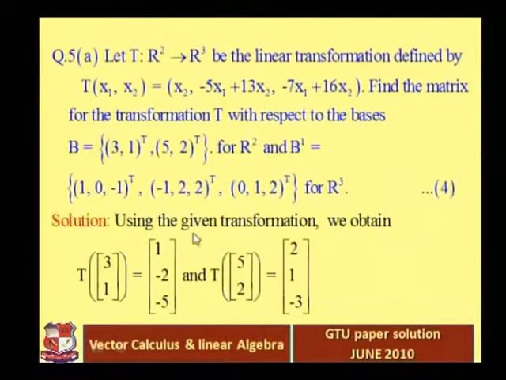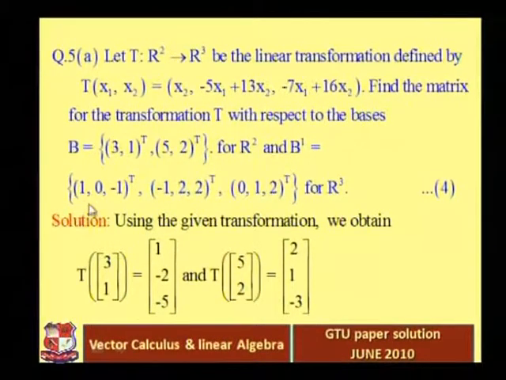Using the given transformation, first of all we want to find the image vectors corresponding to the basis vectors of R2. So we want to find T of (3, 1) and T of (5, 2). Whatever the answer, it can be expressed as a linear combination, because these image vectors are elements of the codomain, that means elements of R3, right?